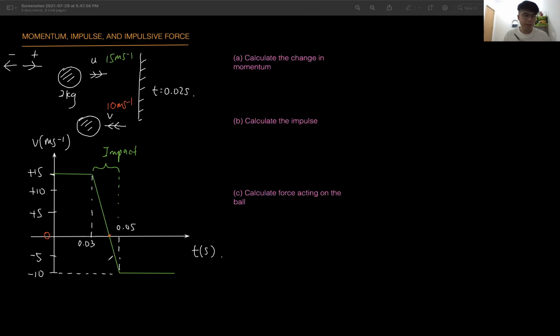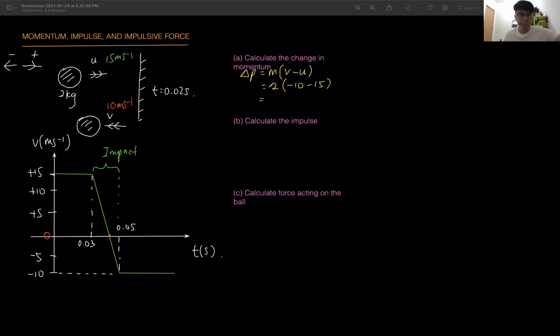So the graph looks like this. And you need to calculate the change in the momentum, right? The same way we do it, change in momentum, m(v minus u). So 2, and v is negative 10 minus 15.